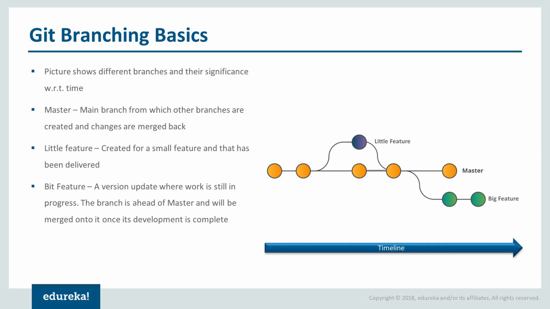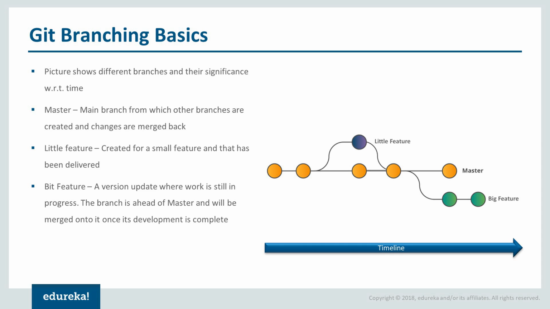Now in this figure, we have different branches on the timeline. This is our master branch, the yellow one. After two commits on master, we created a new branch, little feature, and we also continued development on the master branch.